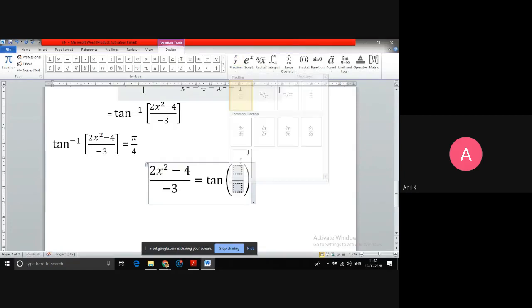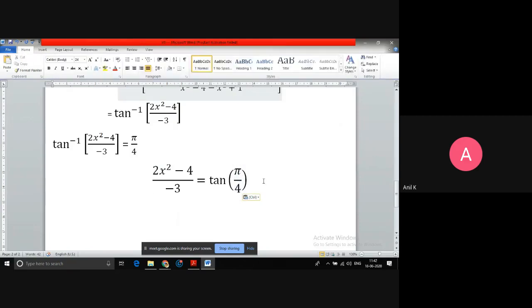I think everybody knows the value of tan pi by 4, which is 1. So next step I am going to do the cross multiplication.